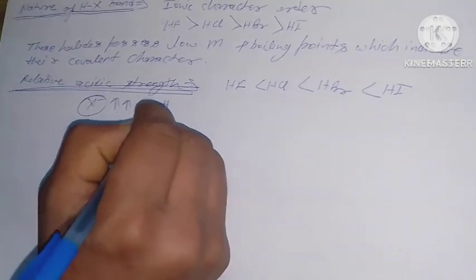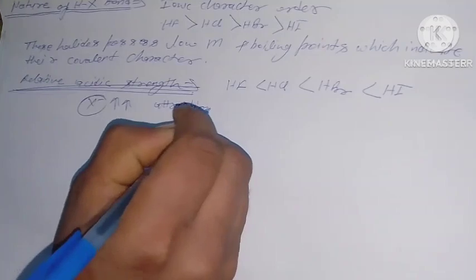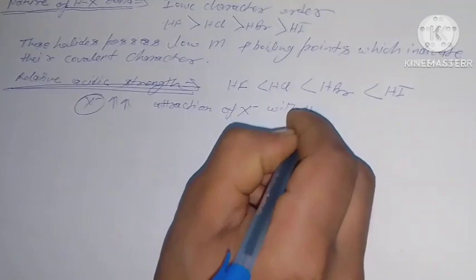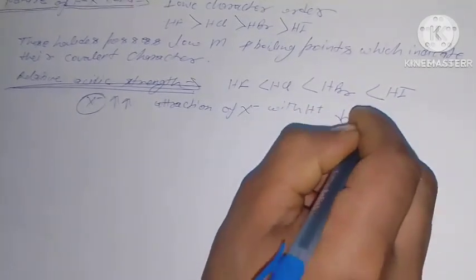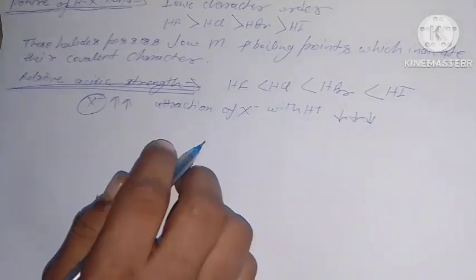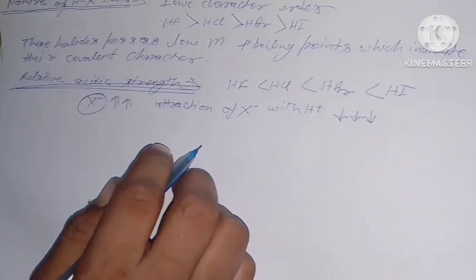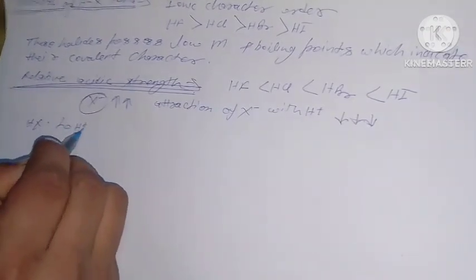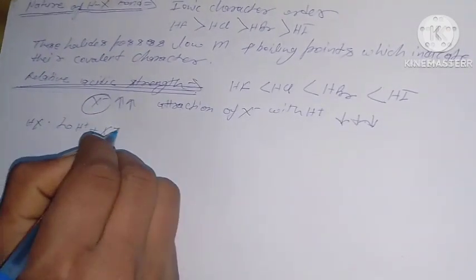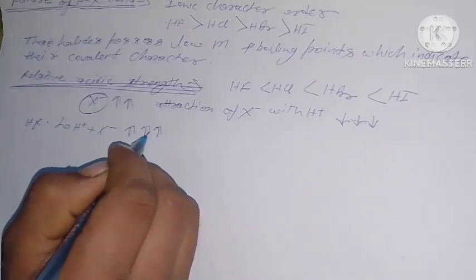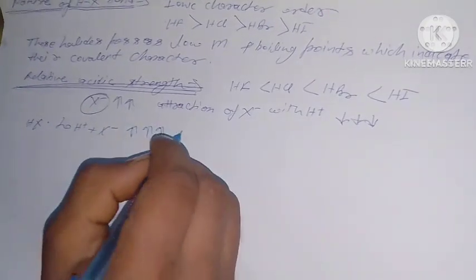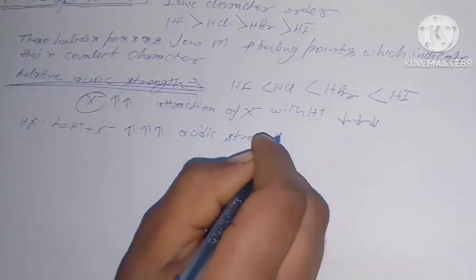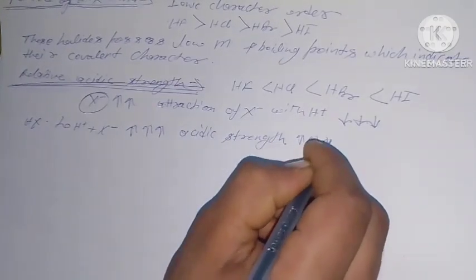Then dissociation of hydrogen halide, HX to H plus and X negative, increases, and acidic strength increases.